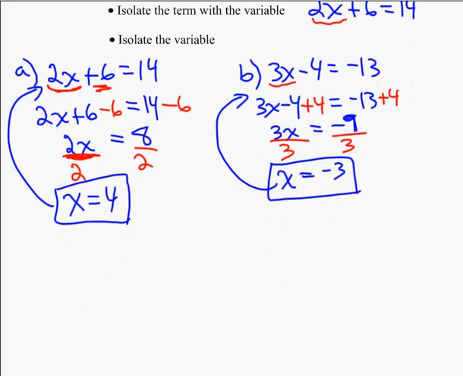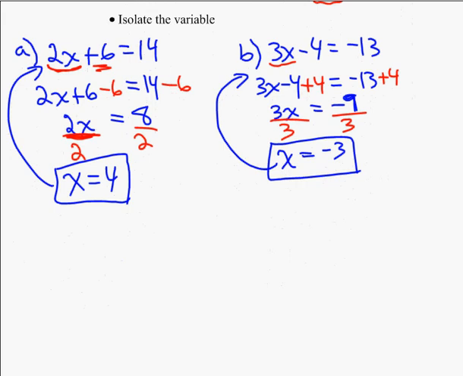All right, one more example. Here's negative 5x minus 10 equals 55. Same sort of thing, two-step equation. We want to isolate the term with the x in it. So we need to get rid of a minus 10.